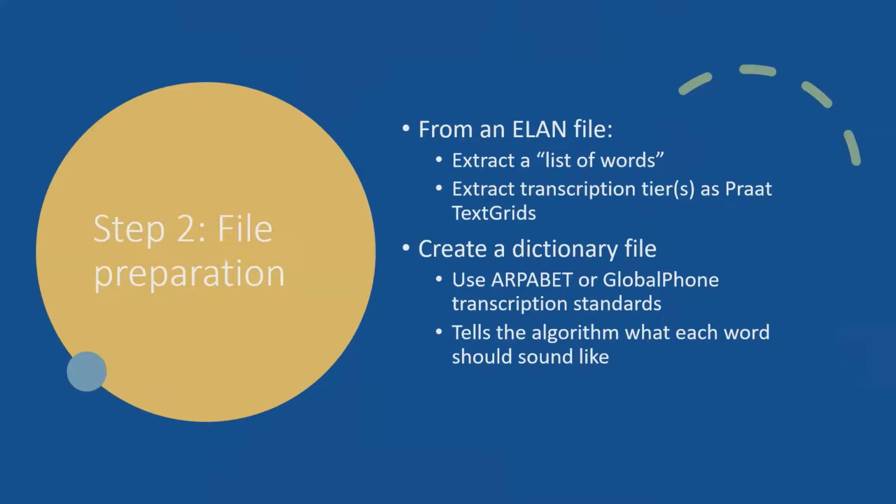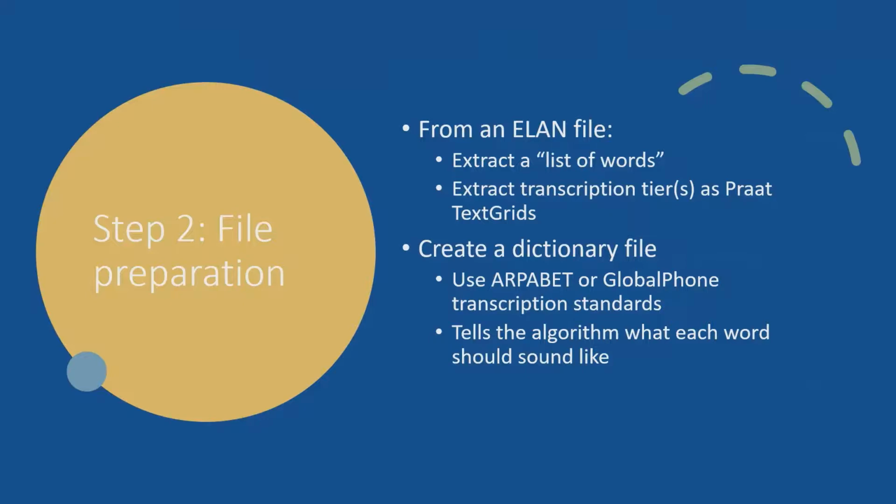So once you have the files you need, preparing and running the alignment is relatively simple. From an ELAN file, for example, you can extract a list of words, which will help in creating the dictionary file. And you can extract the transcription tiers as TextGrids, which will be directly inputted into your aligner. And you want to create a dictionary file.